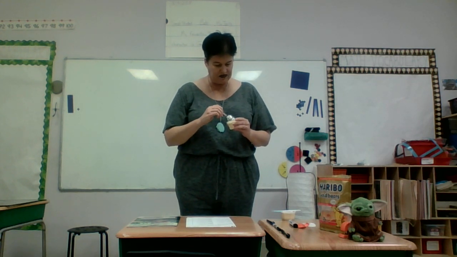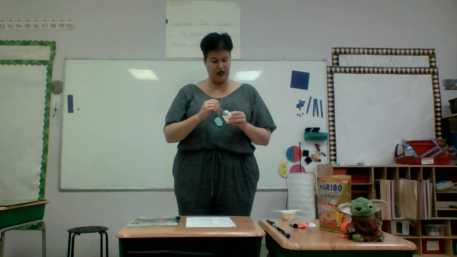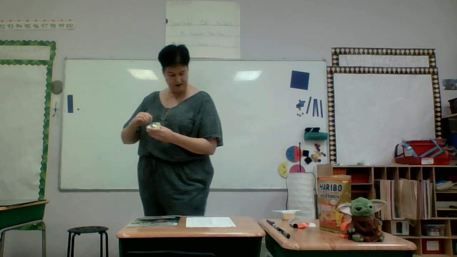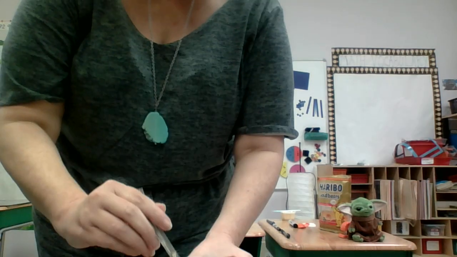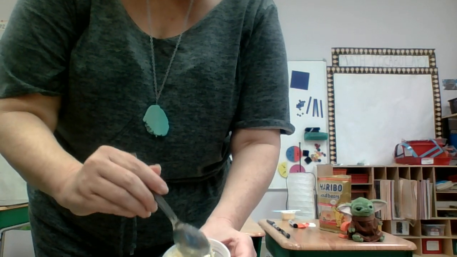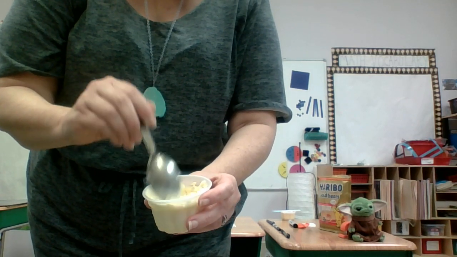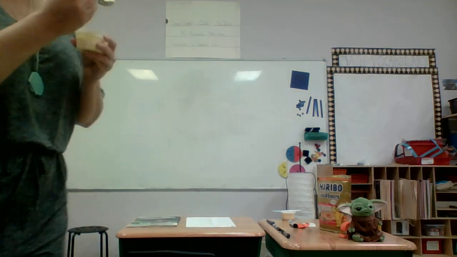Texture, kind of a fluffy, smooth texture. Flexibility, I would say we can kind of smush it. It's kind of smushy. Temperature word, it is definitely cold. Holding it in my hand, I can feel that it's kind of cold. Okay? I'm going to take a little bite because I love ice cream.